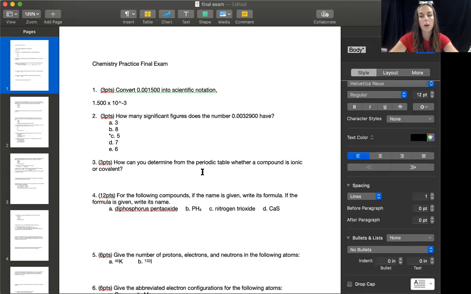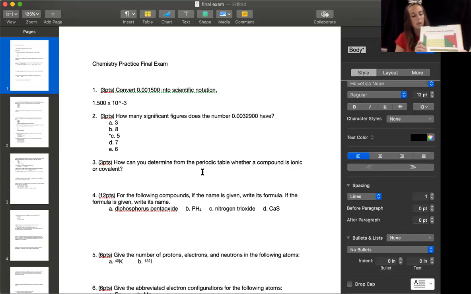Covalent means all non-metals. So if you're looking at your periodic table, you remember the jagged line that I showed you? Let me see. I'll get mine out. Okay, I'm just going to show you the one in the book because that's the one I have the closest.